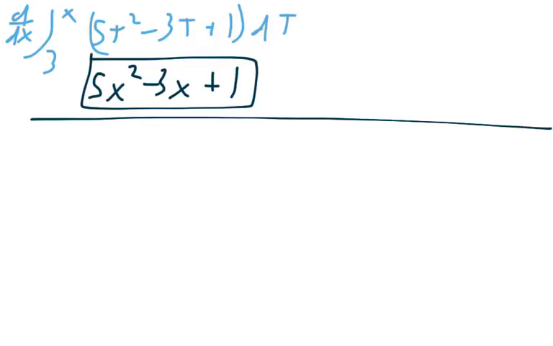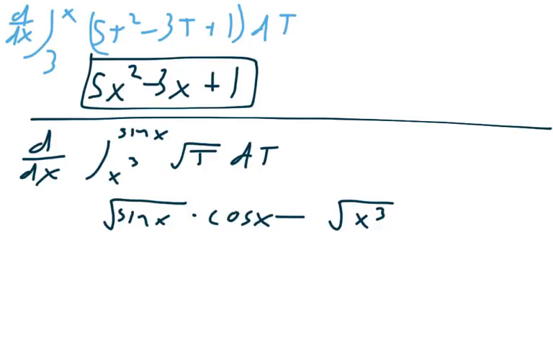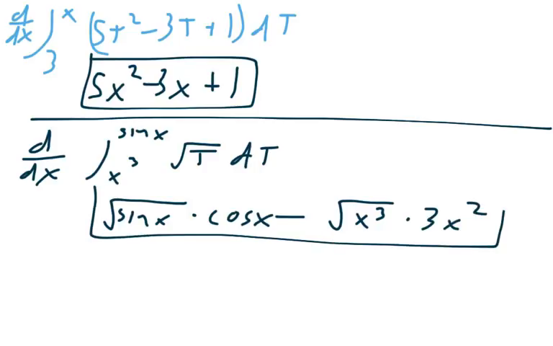If we were doing from x cubed to the sine of x of the square root of t dt, we are going to do the square root of the sine of x times the derivative of sine of x, which is the cosine of x, minus the square root of x cubed times the derivative of x cubed, which is 3x squared. And there's my answer.